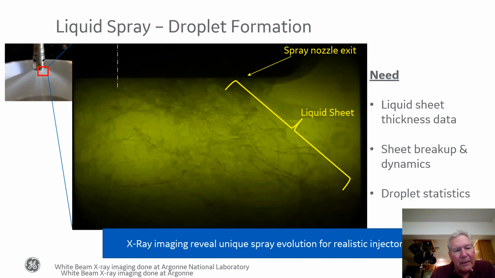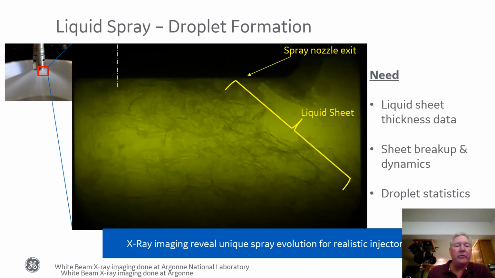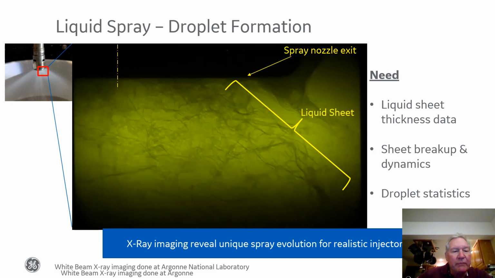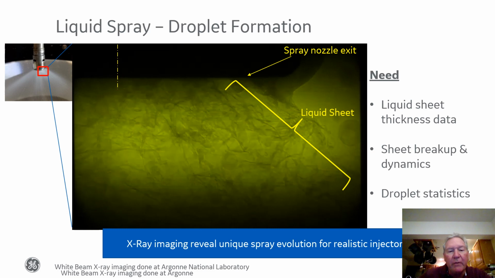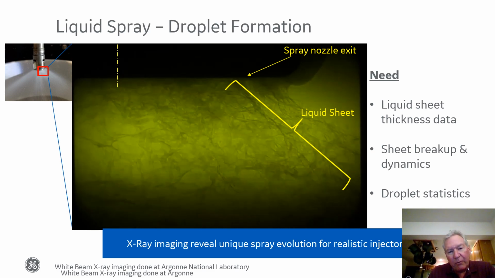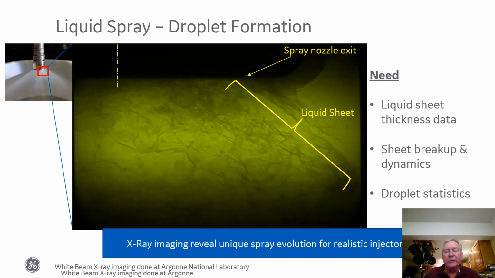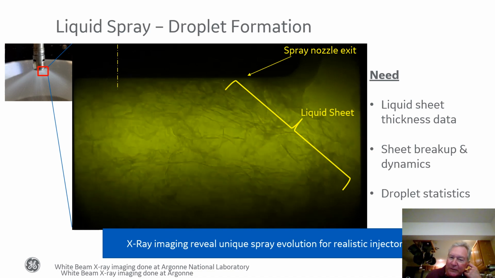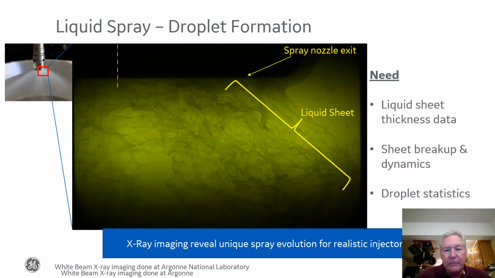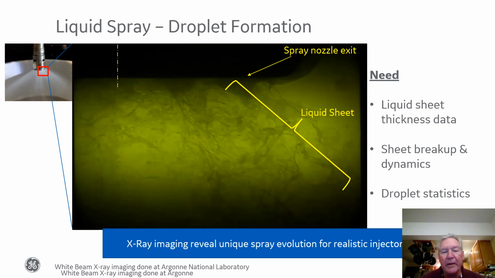That atomizer is shown in the upper left photograph, and we're zooming in with the red box on the region of the spray that is in the field of view of this X-ray movie image that we're watching. So this is, to our knowledge, the first time a real fuel injector was X-ray imaged at the Argonne lab. It shows very interesting and complicated features in the fuel spray region.